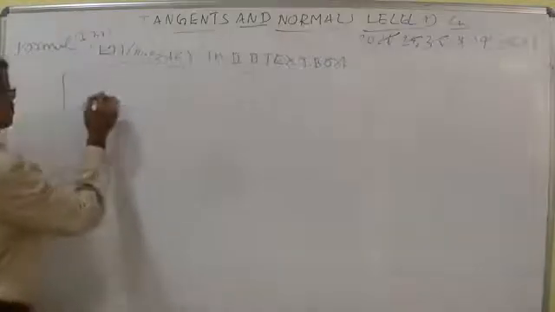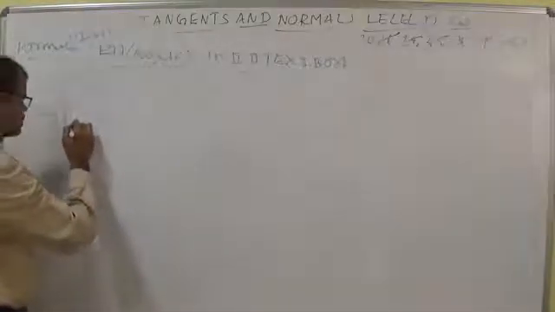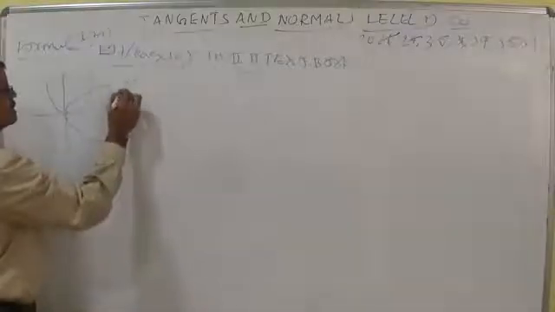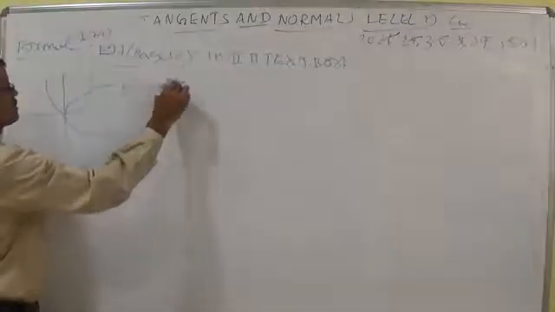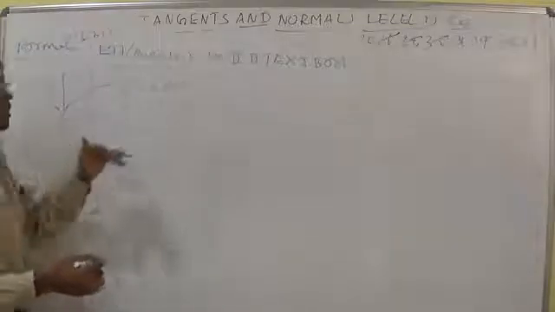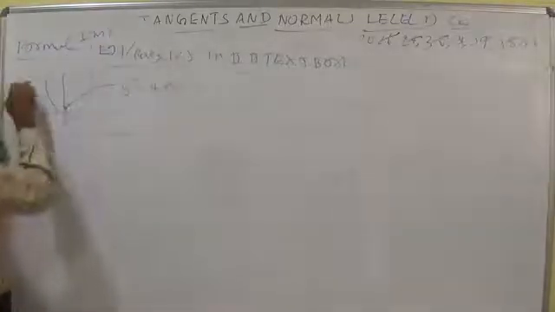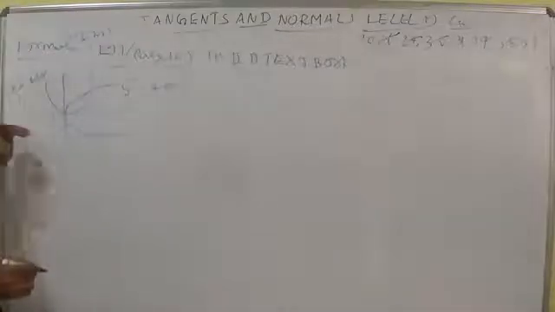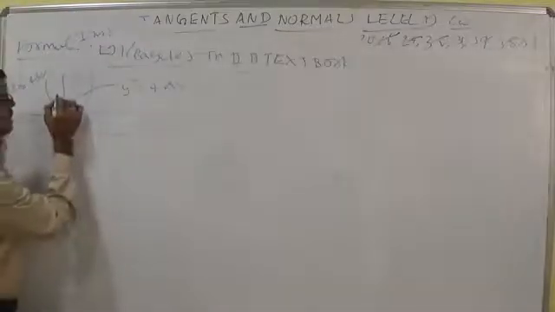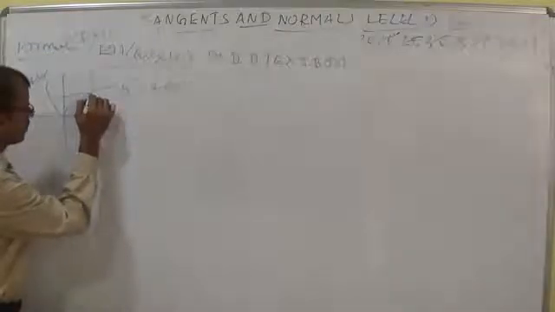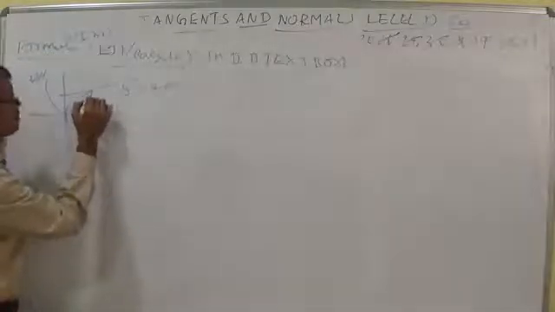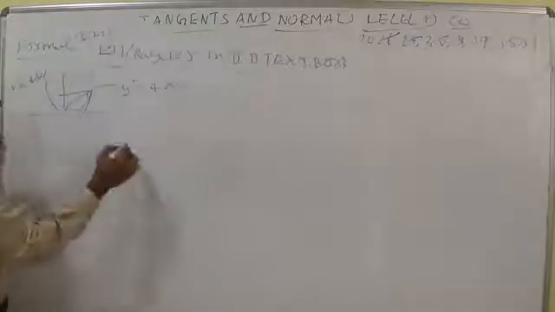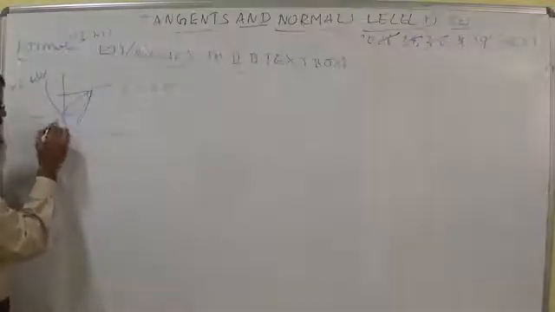Let us discuss two parabolas. First, this one y square is equal to 4ax. This is a parabola shape. And the next one x square is equal to 4by. This is another parabola. We should calculate the angle between two parabolas. The point of intersection is 0, 0.